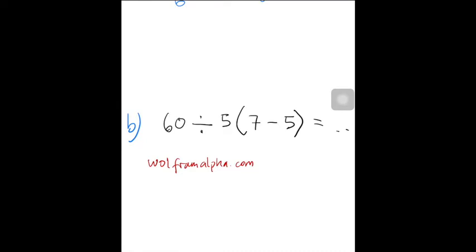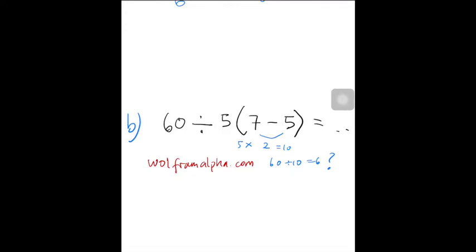You can also use scientific calculators and see what you get there. Some of you may be trying, okay, it seems we can subtract this and multiply this by 2, 5 times 2 is 10, then 60 divided by 10 is 6, question mark. Is it true?